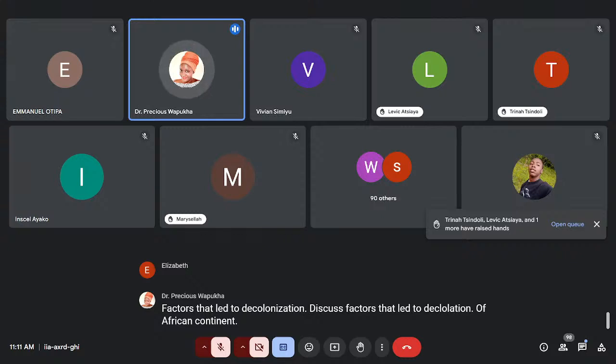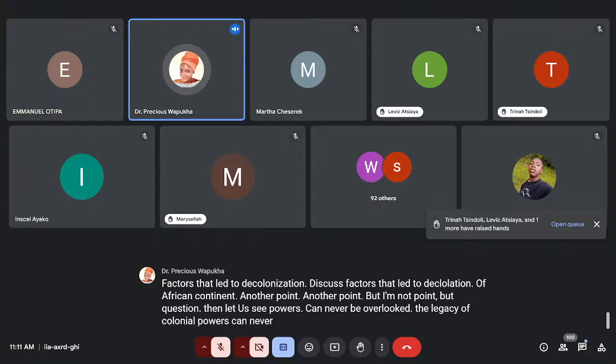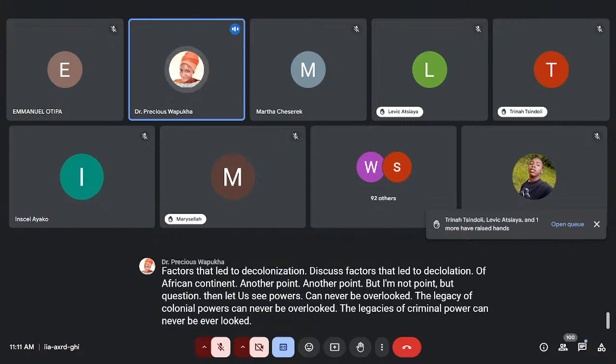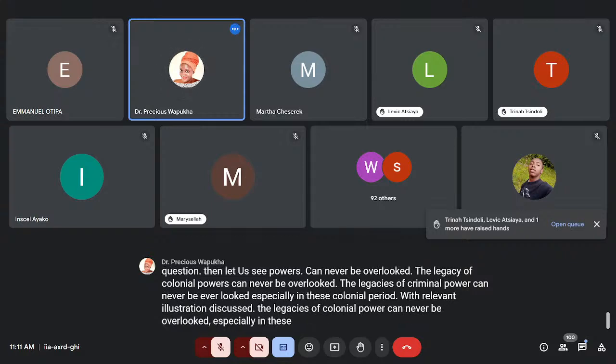Another question: the legacy of colonial powers can never be overlooked, especially in this contemporary period.